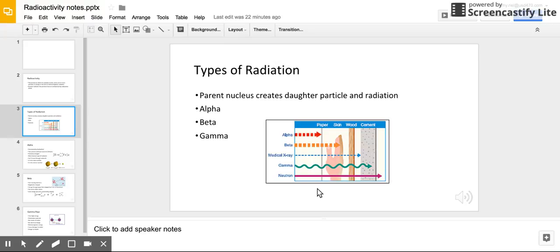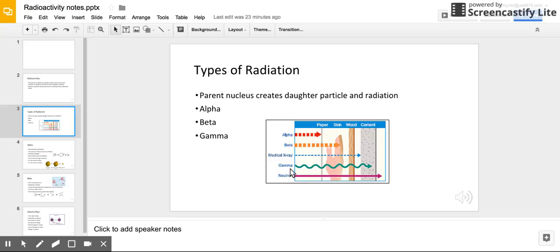And here, this picture is showing the penetrating power of alpha, beta, and gamma, and then a couple other types of radiation. So you can see here, alpha can't even penetrate paper, so it's a poor penetrator. Beta can penetrate paper and a little bit into the skin.